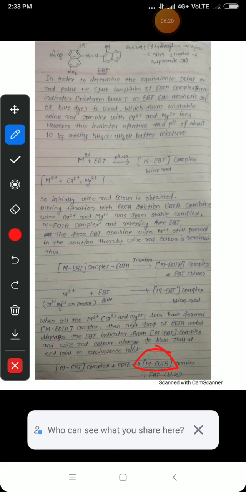This is all about the procedure for determination of the hardness of the water. From the observations and calculations, finally we can conclude how much hardness is present in that water in milligram per liter or ppm. Okay, so this is all about determination of hardness by the EDTA method.